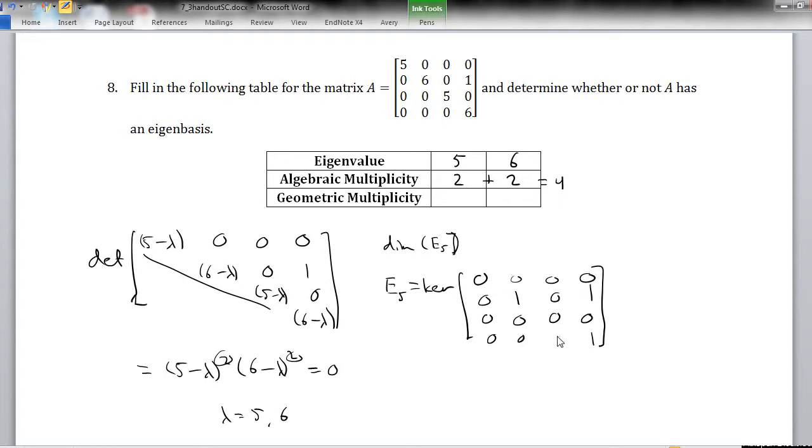All right, and so, well, the rank of this matrix is 2, right? Here's your 2 independent columns, and so the nullity is 2 as well, so the dimension of the kernel is 2.